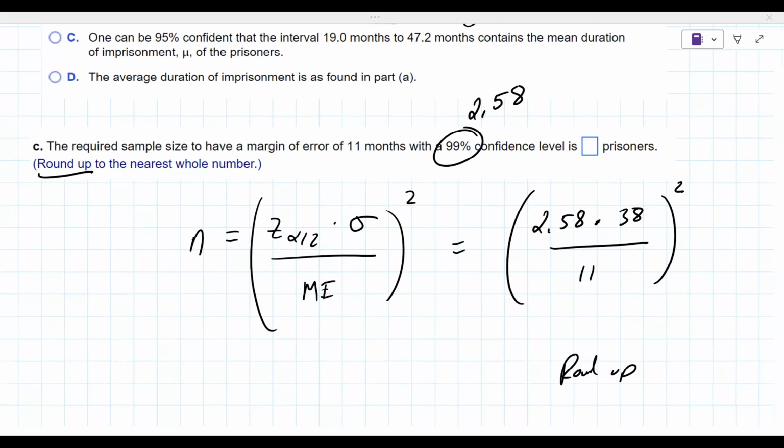So could you calculate this for us, please? 38.